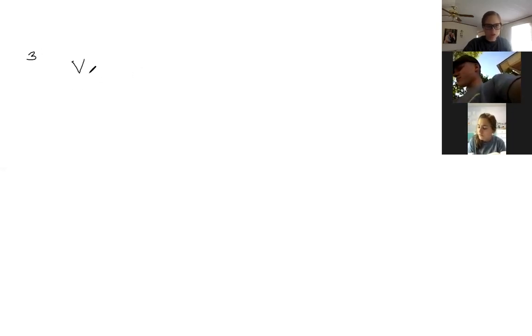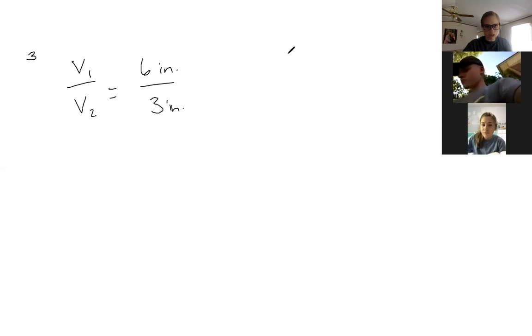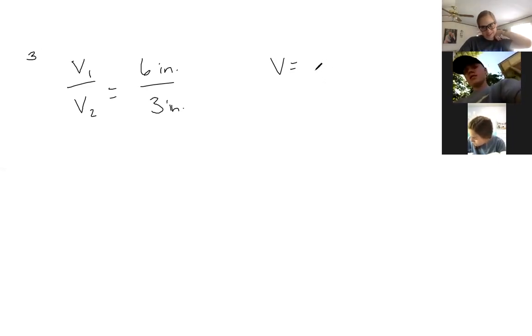So the volume of cube number 1 over the volume of cube number 2 has to correlate between 6 inches and 3 inches. Does anybody know what the volume of a cube is? The formula? S cubed.